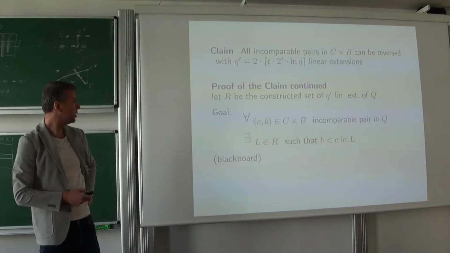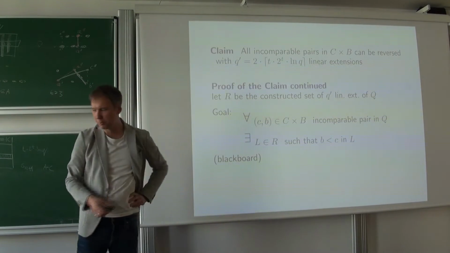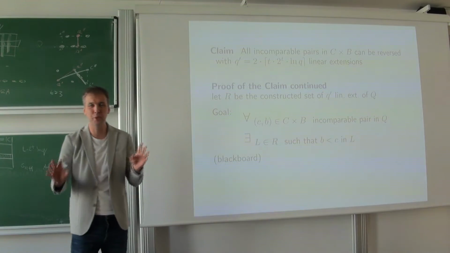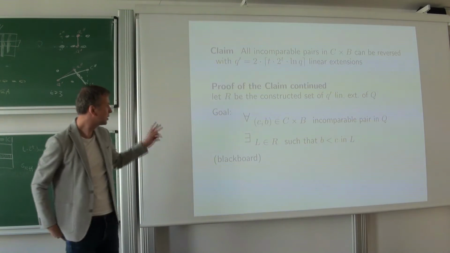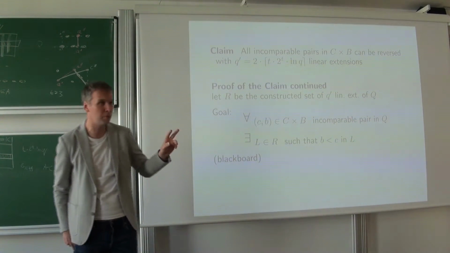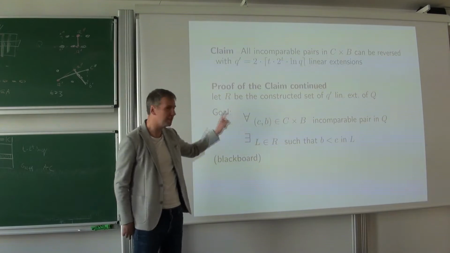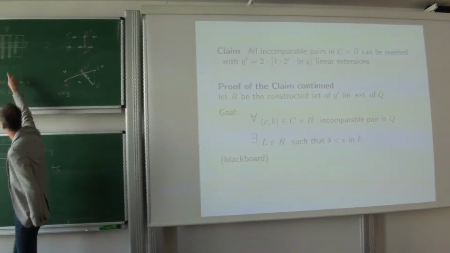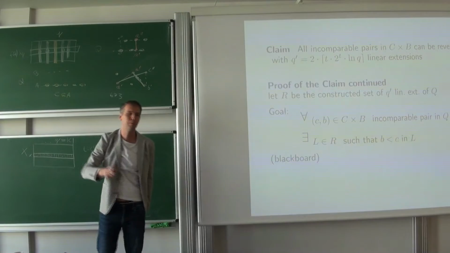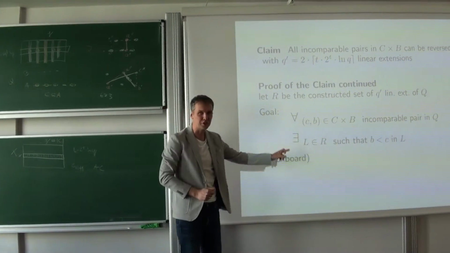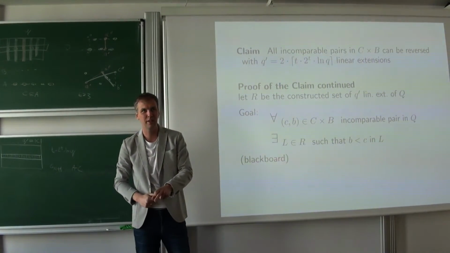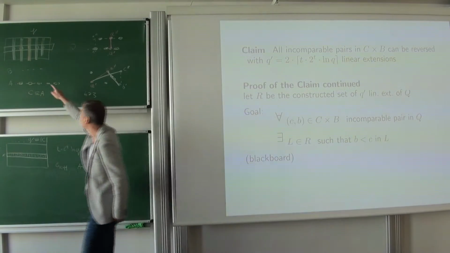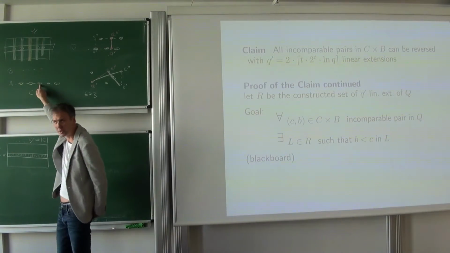The goal here is that we produced a set of linear extensions, and we claim that this realizes what we want. So the goal is that for every incomparable pair CB that is in C cross B, so a pair where element C is here and element B is here, and they are incomparable, I have a linear extension in my set that puts B before C, that puts this element below this element.